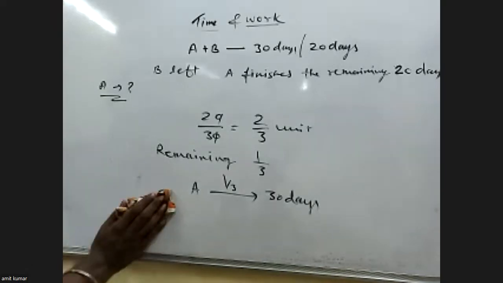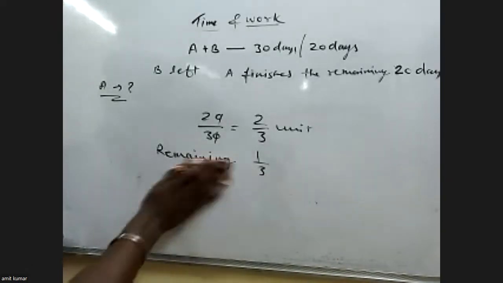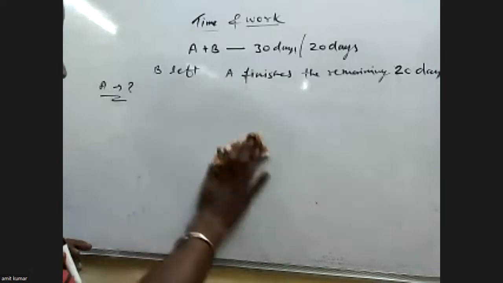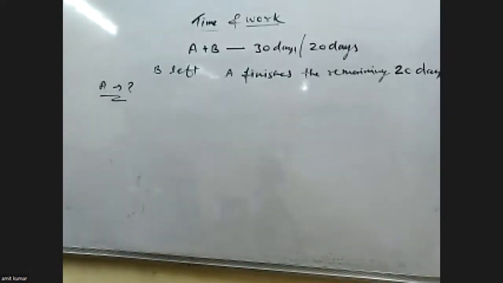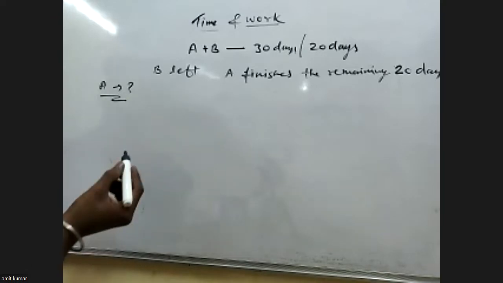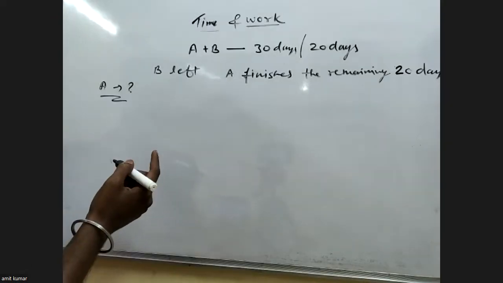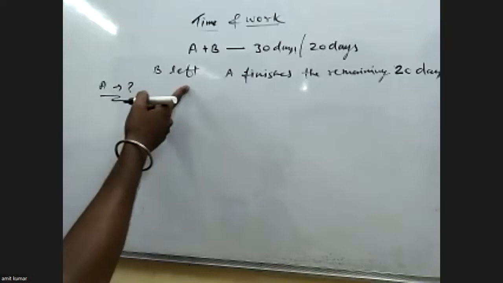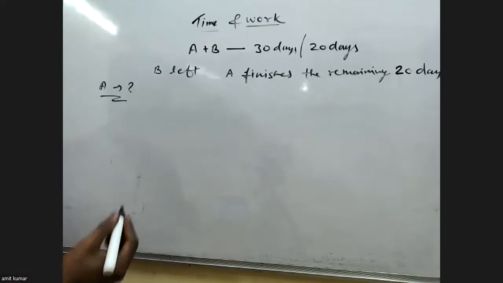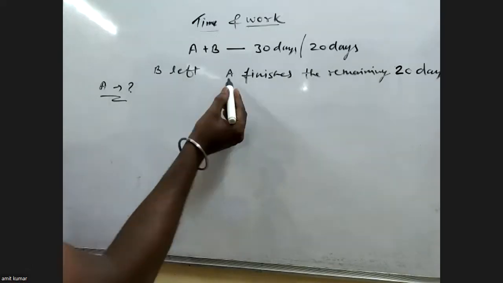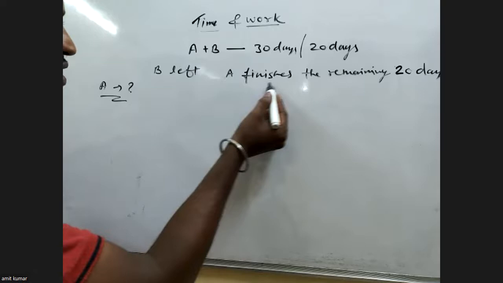Okay. 60 days will be the answer. Yes, we have an option that says 60 days. No sir, the 20 days is for A and B working together. After that B left, A finishes the remaining work in how many days? Yes sir, that is the question. Tell me, A finishes the remaining work in how many days?